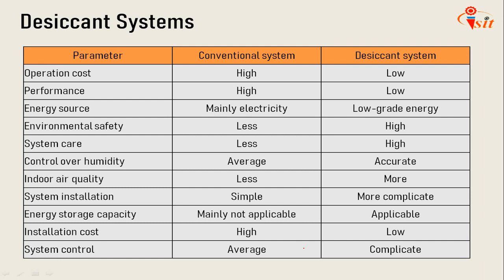Desiccant cooling systems can be a suitable selection for thermal comfort, especially in climates with high humidity. This technique allows us to utilize renewable energy or low temperature gains from solar energy, waste heat and cogeneration to drive the cooling cycle.